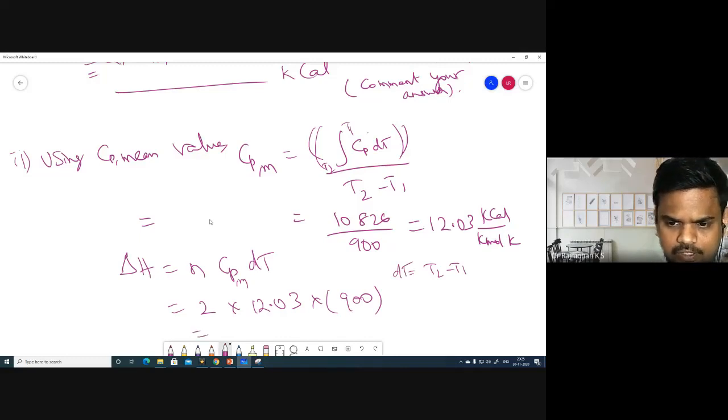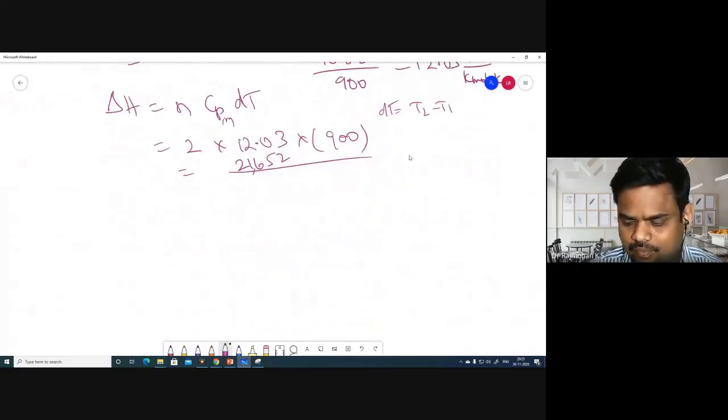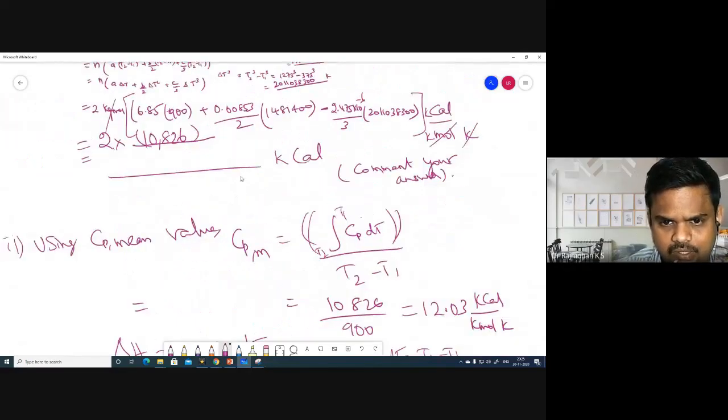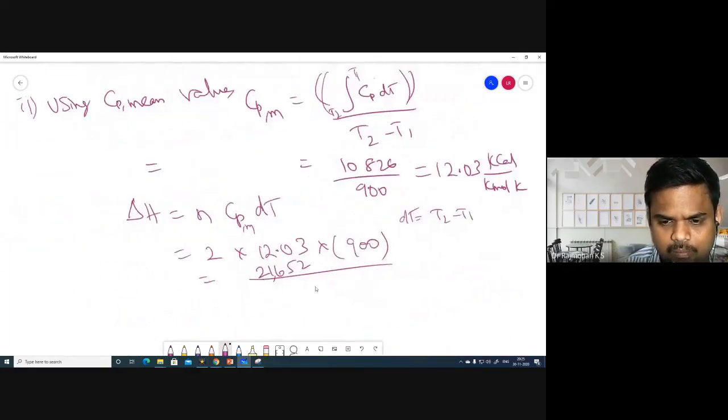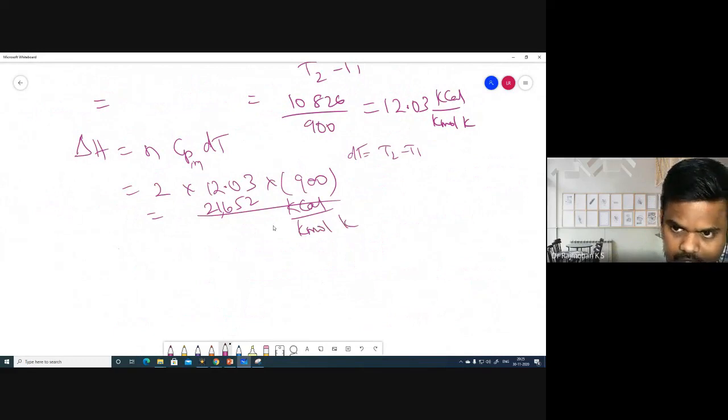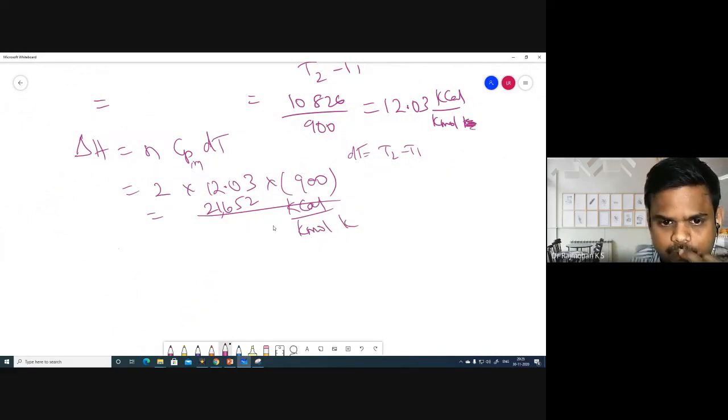So we will get the delta H value here, again an answer around 21652. Now this is the second method. The first method answer you commented, you can compare here also. So here delta H is equal to this much kilocalorie. When you multiply by delta T, you get that.